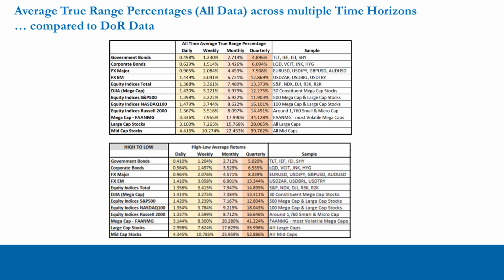So we compared average true range percentages with all data across the multiple time horizons, doing the same analysis on the same assets as we did for distribution of returns, but for ATRP. And generally speaking, we come to the same conclusions.